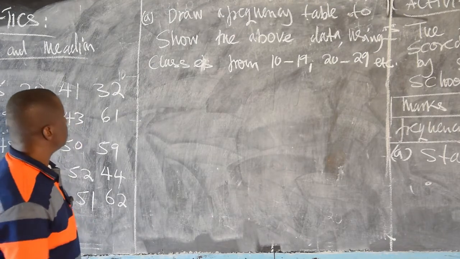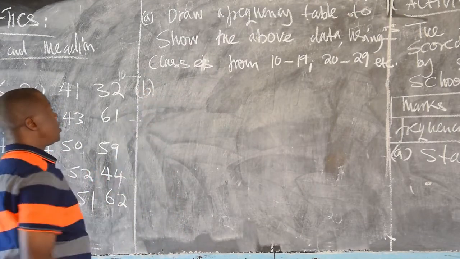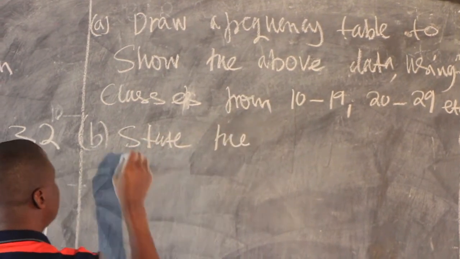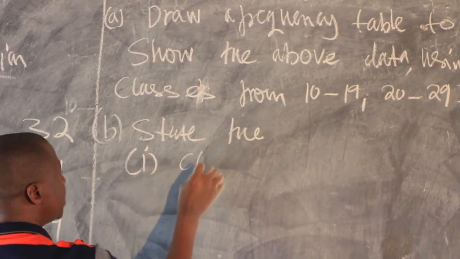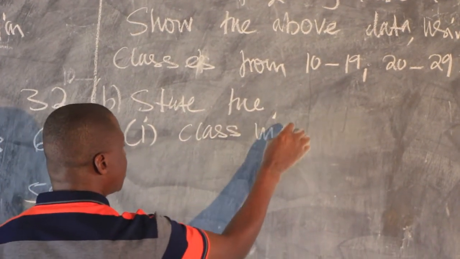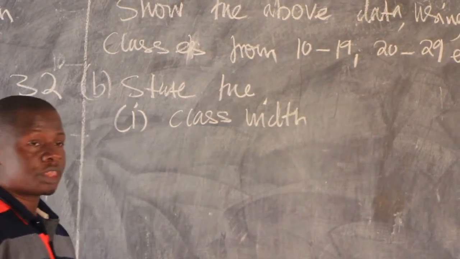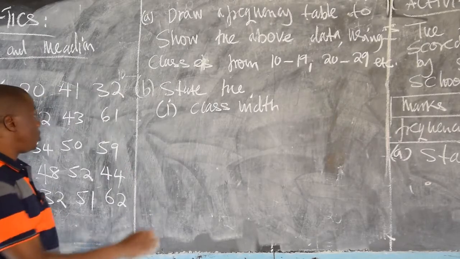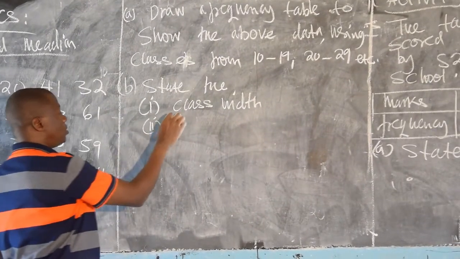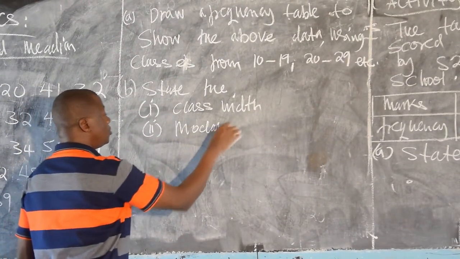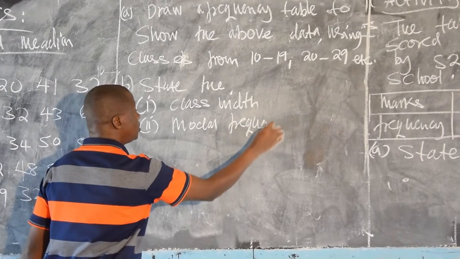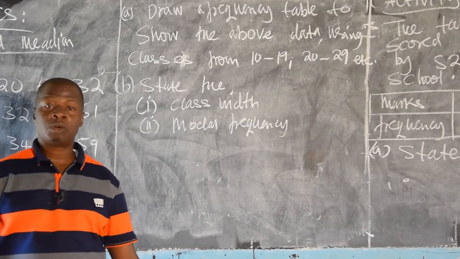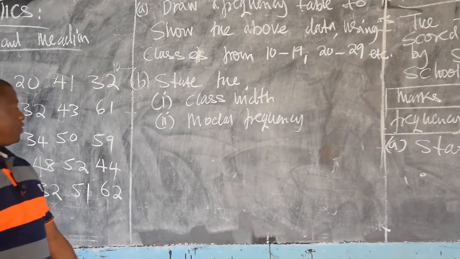Part B, we shall say state the Roman number 1, class width. Class width is the same as class interval, class size. Roman number 2, modal frequency. Modal frequency is the highest frequency.